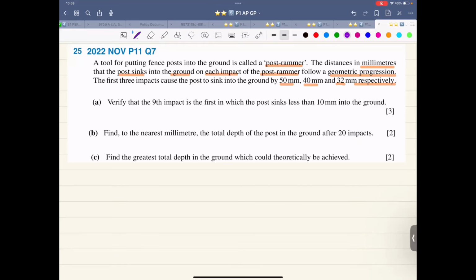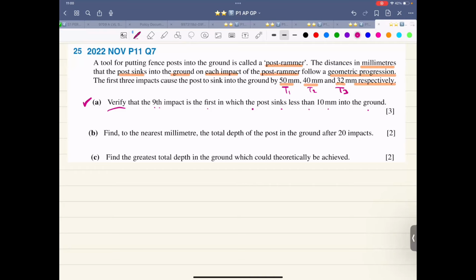These are the first three terms: T1, T2, T3. Verify, you don't have to calculate, you have to prove it, that the ninth impact is the first in which the post sinks less than 10 millimeters into the ground. That means the eighth impact is not that, the ninth impact is the one.